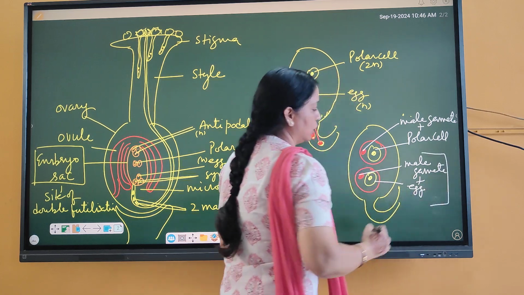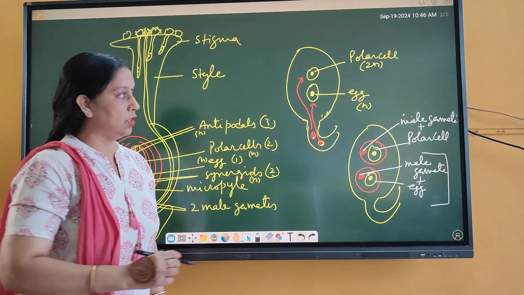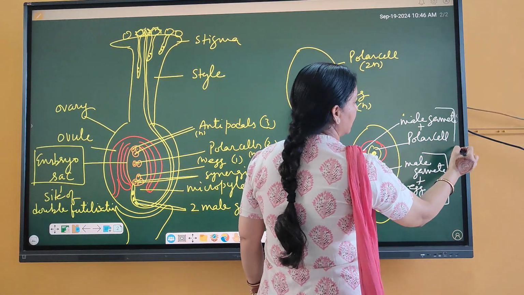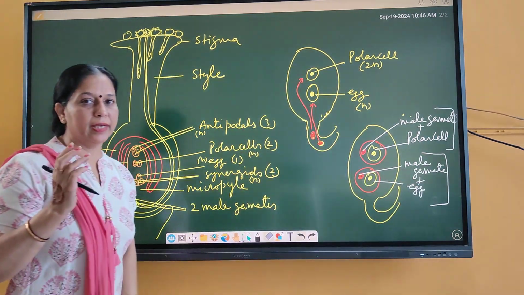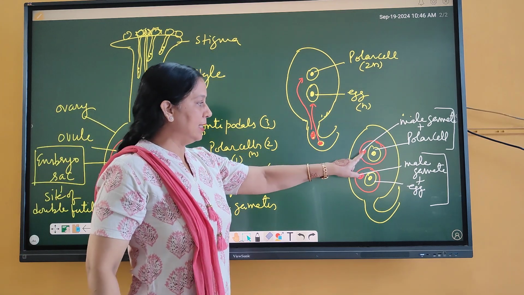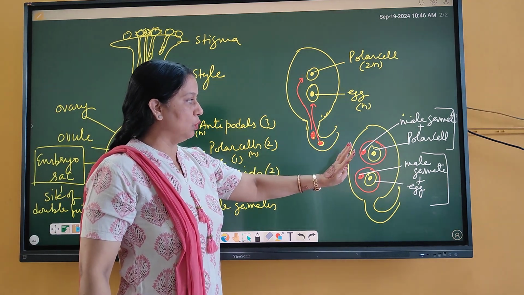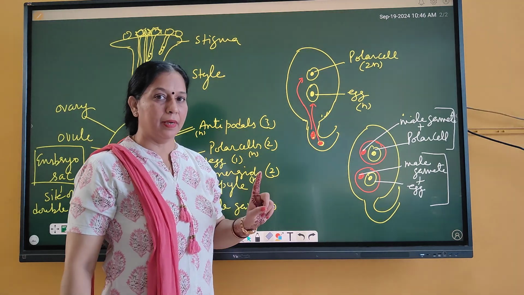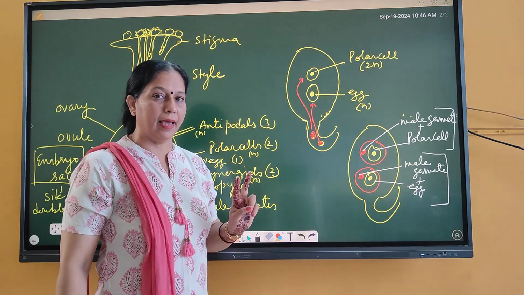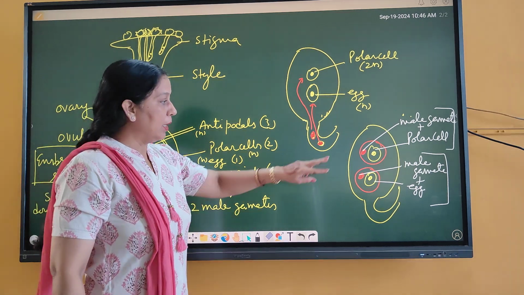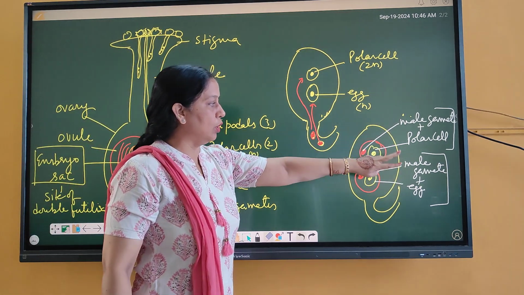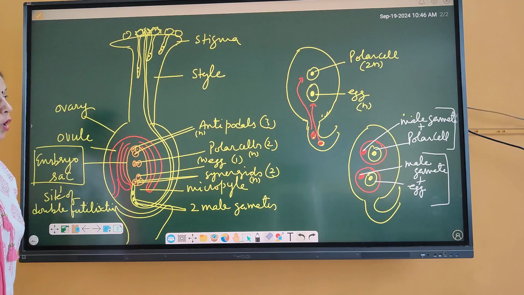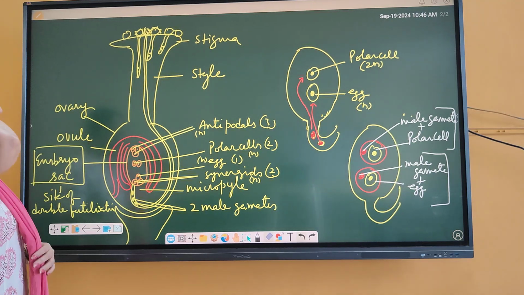So this fusion is called syngamy or fertilization, and this fusion, because it is involving the fusion of 3 cells here, 2 polar cells, 1 male gamete, 3 cells fusion, is triple fusion. Fusion of egg cell and 1 male gamete, fusion of 2 cells, that is syngamy or fertilization. Because there are 2 fusions and both of these fusions are collectively called double fertilization.